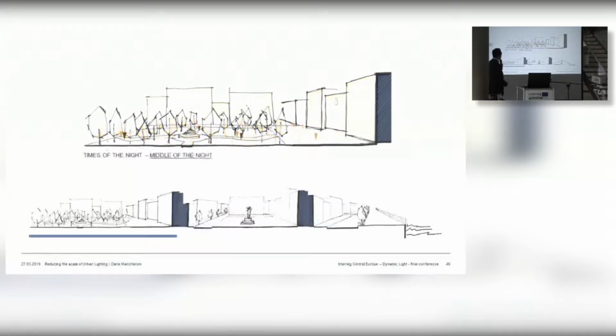Middle of the night, few people are there, someone is just passing by, someone is just in front of the train station, and someone maybe wants to get in contact with nature, to see the sky or stay in the darkness.